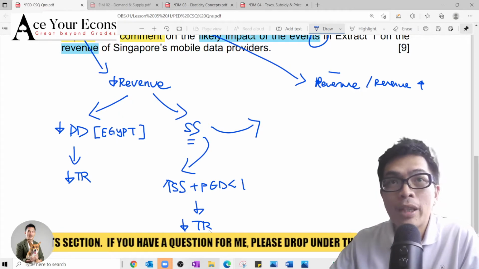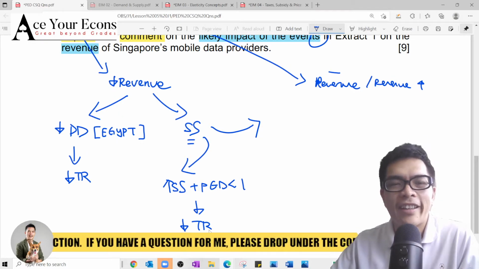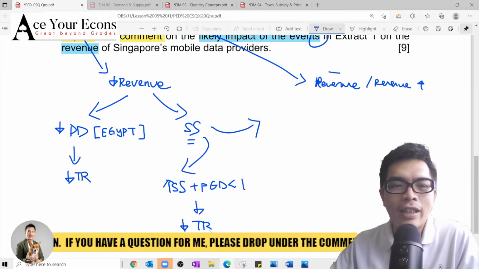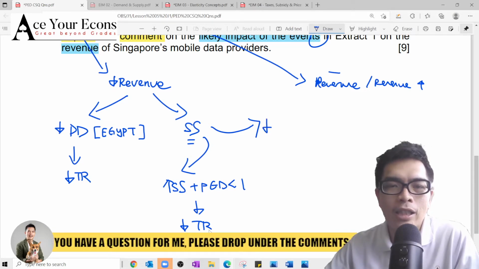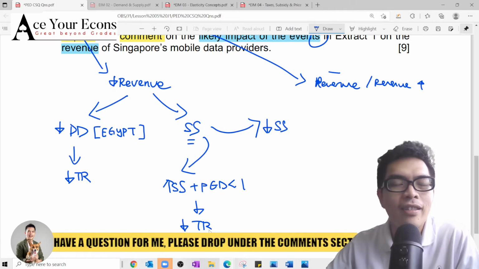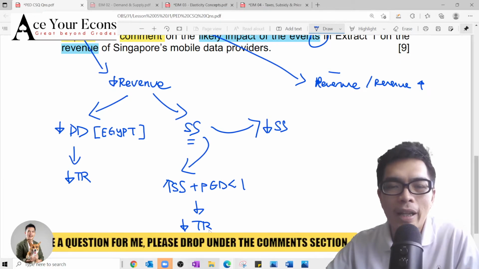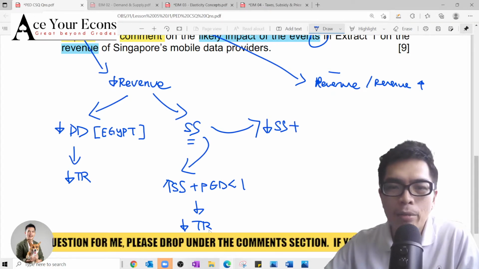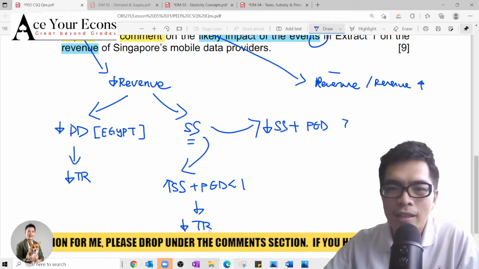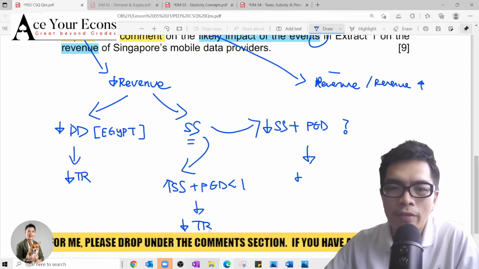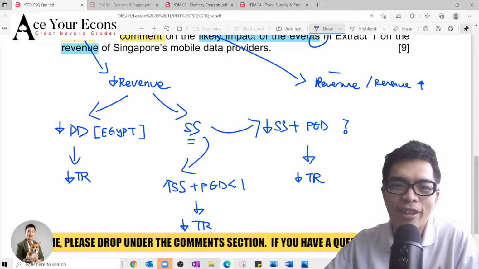Can you all tell me what is the other condition? So obviously, if it is not increase in supply, it has to be fall in supply, right? A fall in supply together with what is your PED will cause your total revenue to fall. Do you all know this?